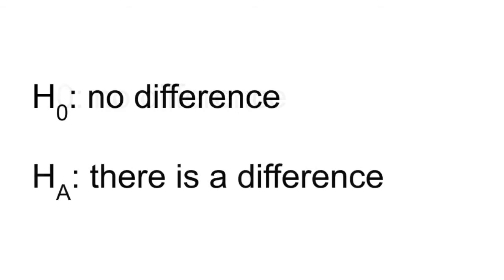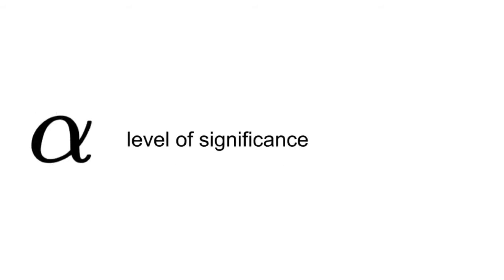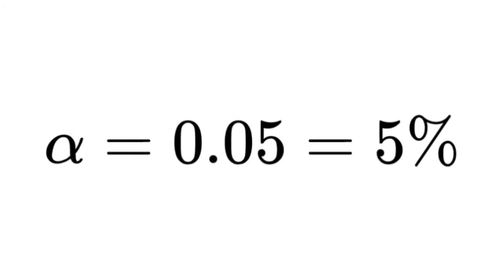And you can probably easily guess what the alternative hypothesis will be: that there is actually a difference between the groups. The next thing we have to do is to define our level of significance. The level of significance basically tells us the probability that we falsely reject the null hypothesis even though it's correct. In our case, we are going to use the standard value of 5%.